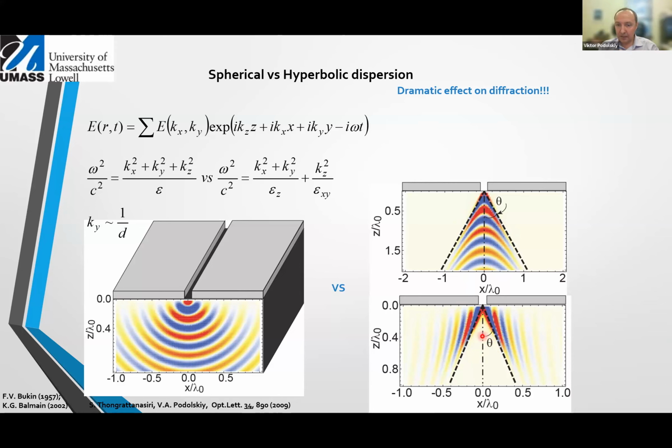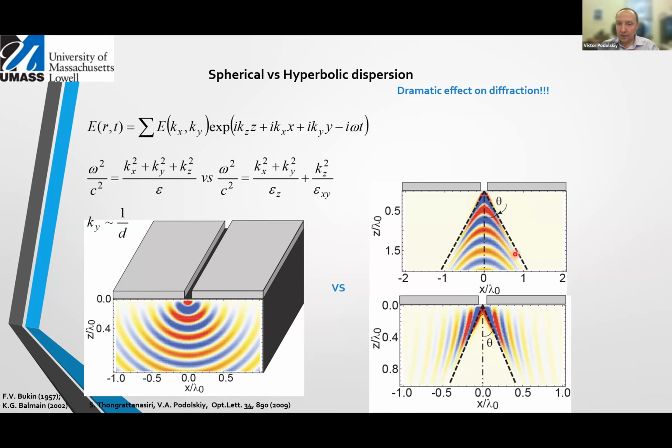Basically, the tangent of this angle is given by the ratio of the different components of the permittivity tensor. The existence of these critical cones has been pointed out a while back, dating probably back to the late 50s, at the very least.